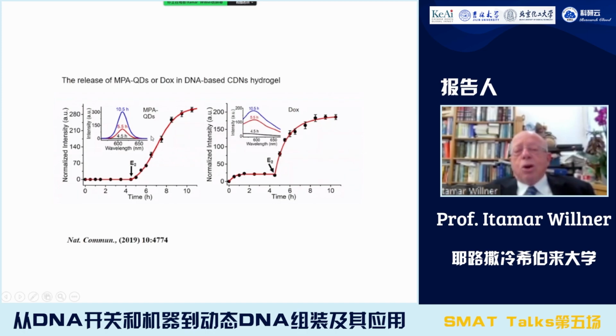For example, if we load it with quantum dots, when we apply the trigger E2 that converts the hydrogel into the lower stiffness hydrogel, the quantum dots are released. And similarly, if we load the hydrogel with a drug like doxorubicin, we have the release of doxorubicin to the environment.